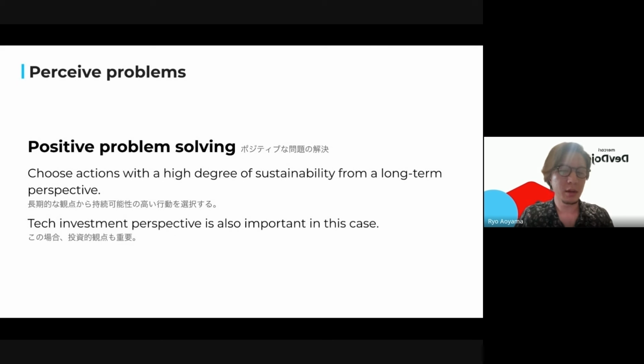It's also important to really take this technical investment perspective for positive problem solving. That refers to thinking of, as an organization, really more long term problem solving.